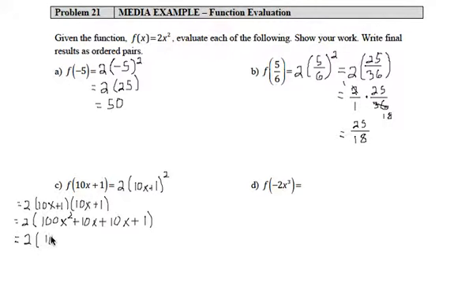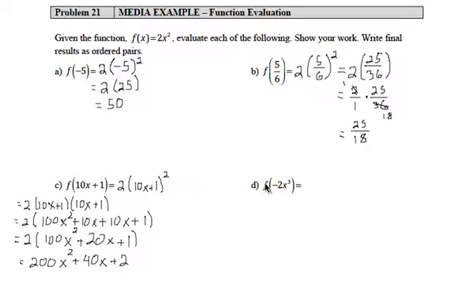So I get 100x squared plus 10x plus 10x is 20x plus 1. Then I'm going to multiply everything by the 2. So that gives me 200x squared plus 40x plus 2, and that is our final result.